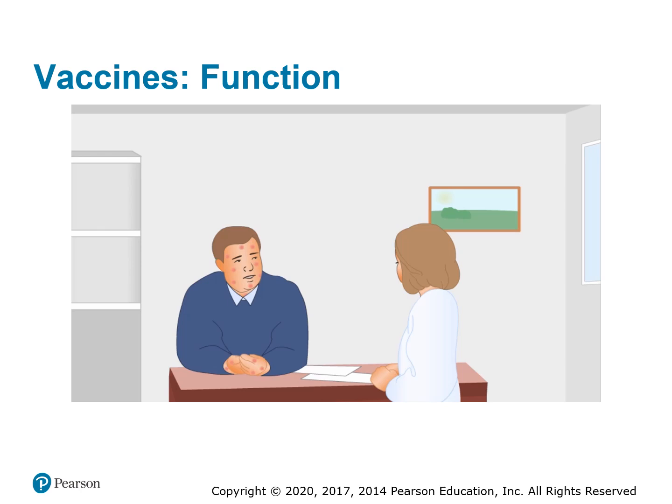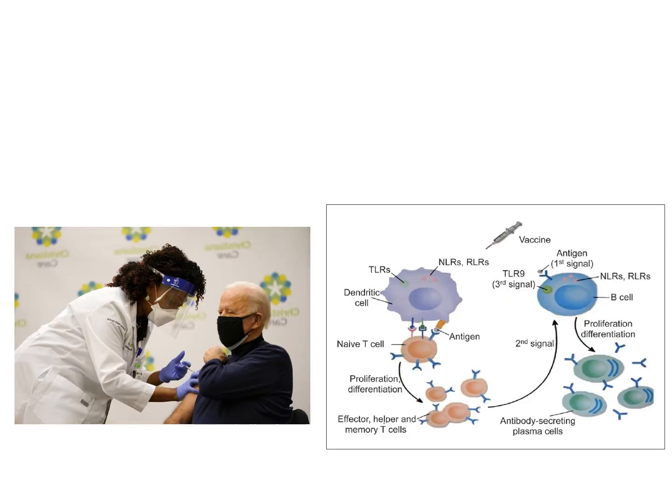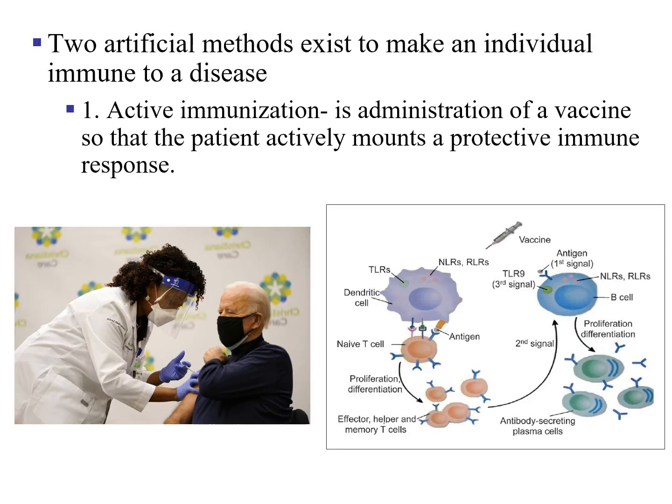If you were in the classroom, we would watch this short 5-minute video on the function of vaccines. Two artificial methods exist to make an individual immunized against a specific disease.